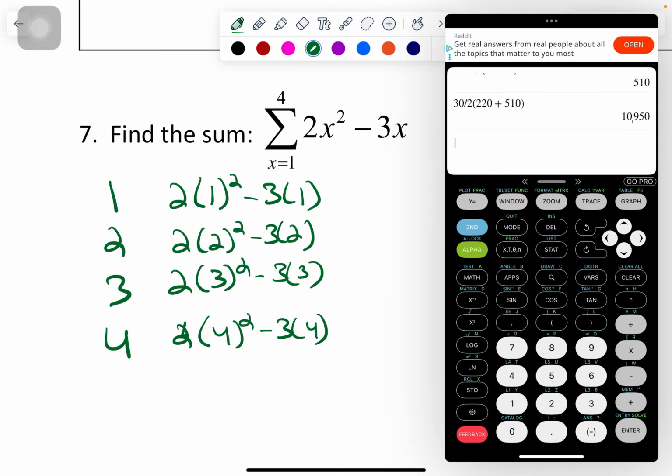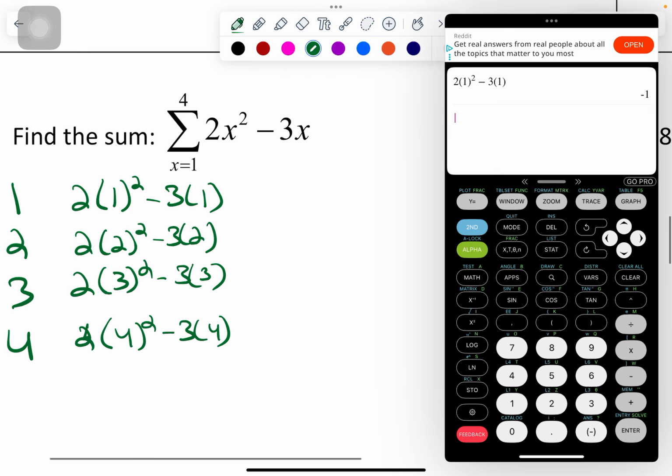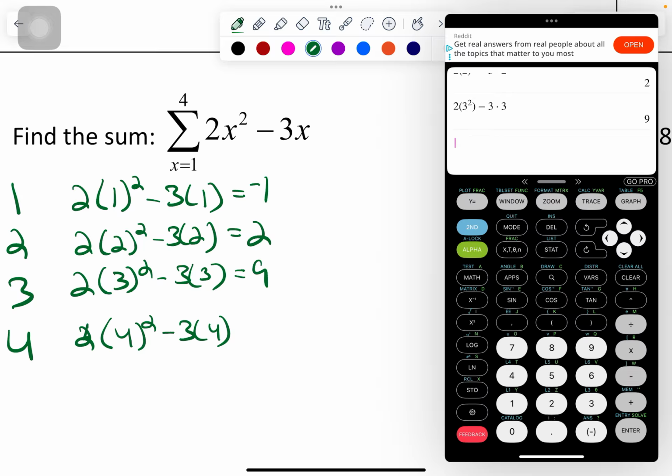Hey, there's my calculator. All right. So 2 times 1 squared minus 3 times 1 is negative 1. And then I want to do the exact same thing. So 2 times 2 squared minus 3 times 2, that's 2. 2 times 3 squared minus 3 times 3 is 9.